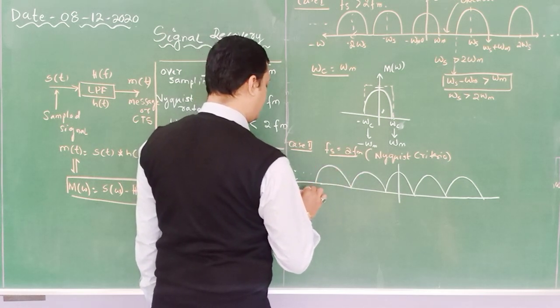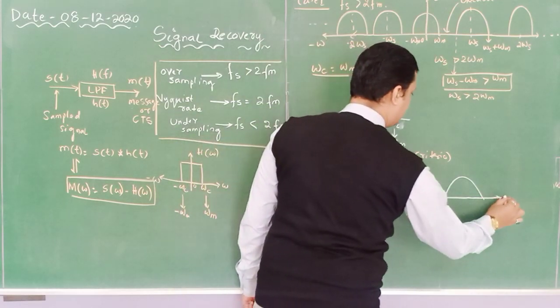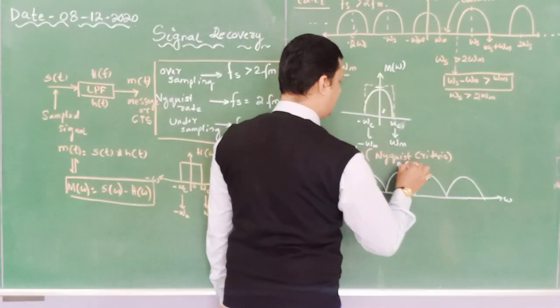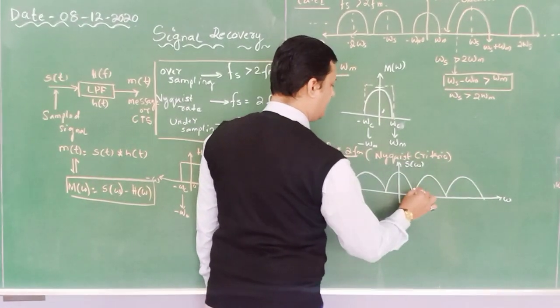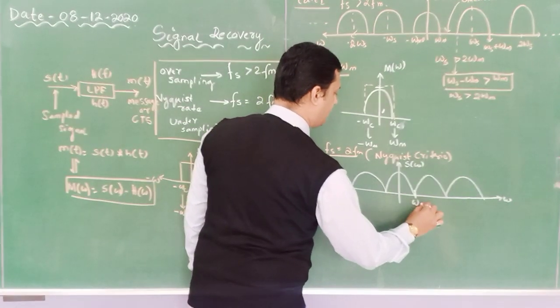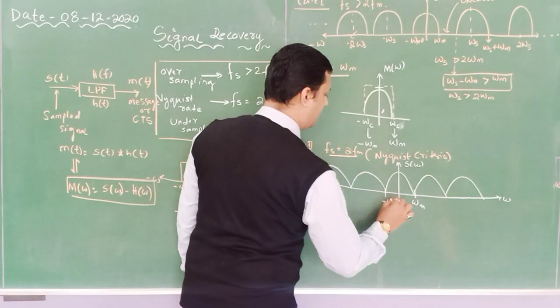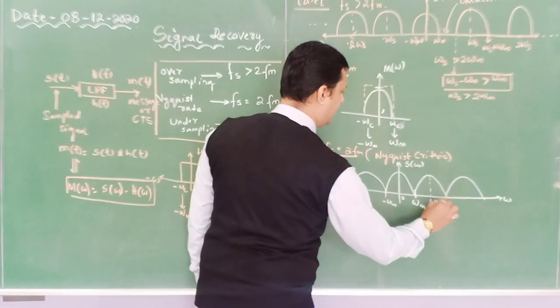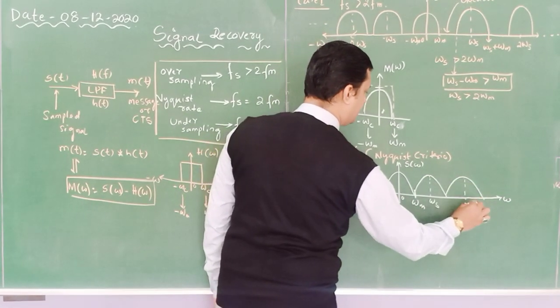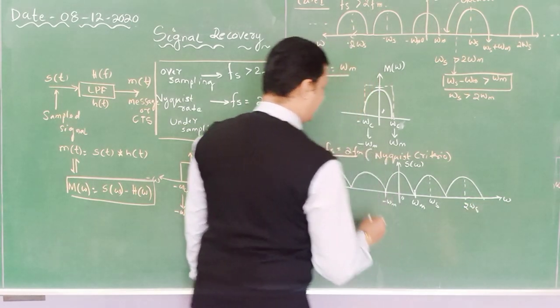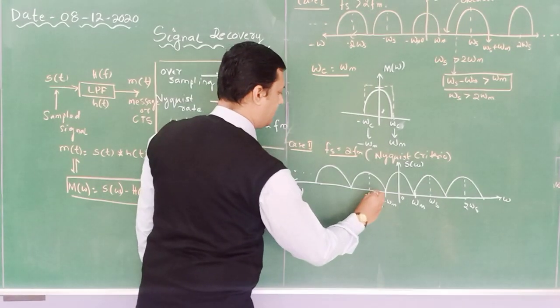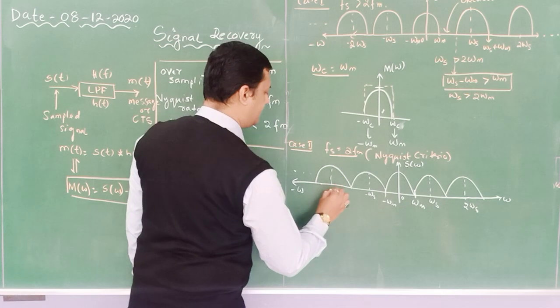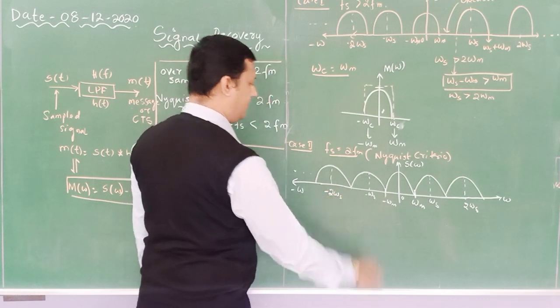So this is minus omega, this is plus omega, this is S of omega, here this is omega m, this is minus omega m, this is 0, this particular point is omega s, this is 2 omega s, this is minus omega s, and this is minus 2 omega s.